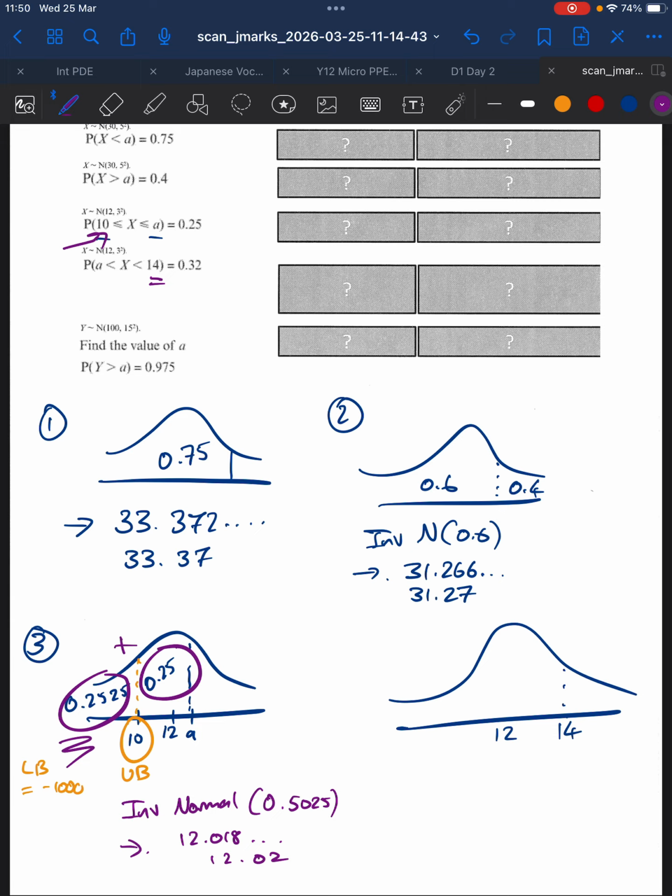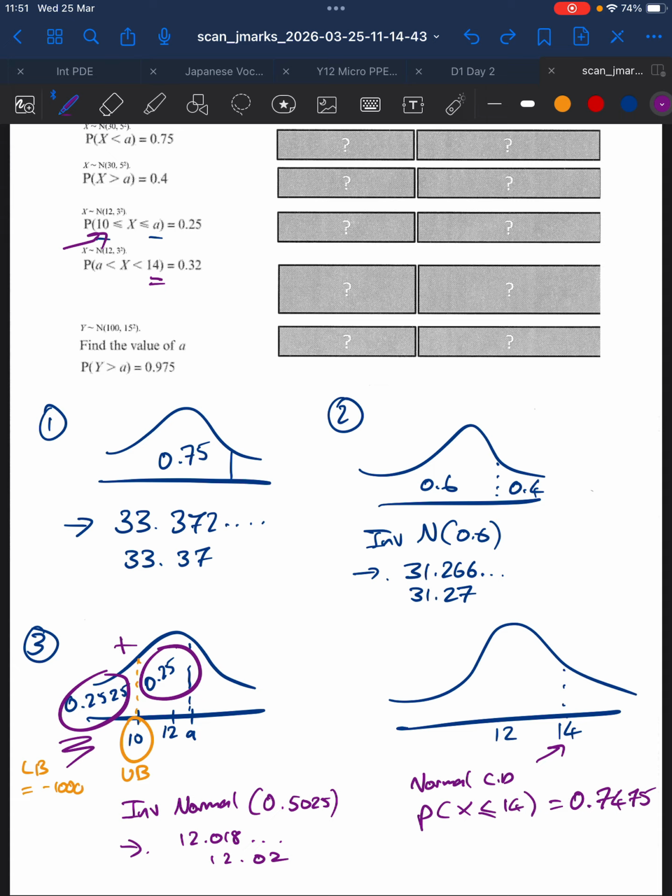So I need to, first of all, do my normal CD with 14. And I should find that the probability of being less than 14 is, have I got that number somewhere? Yeah, 0.7475. So that's everything, right?